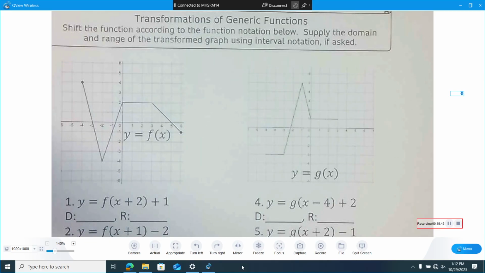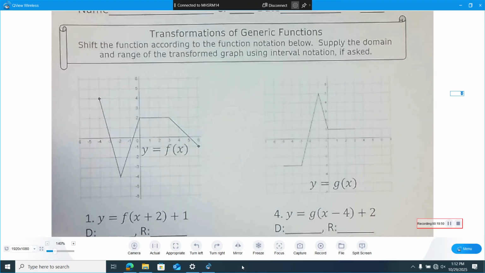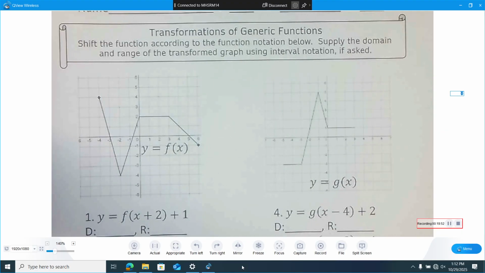All right. So, now this is transformations of generic functions, and this is kind of a big thing in calculus. These are the pictures that we see a lot in calculus. They're just made up graphs.